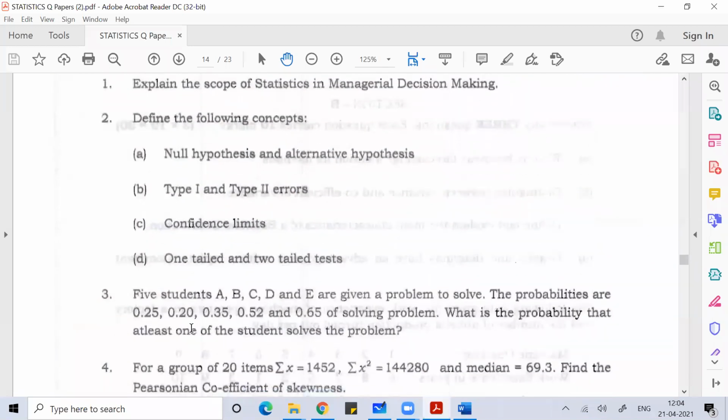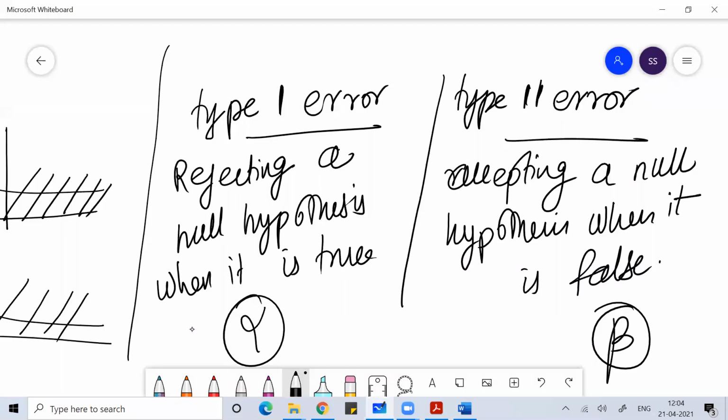So you can see this: null hypothesis, alternative hypothesis, type 1 error, type 2 error, confidence limit, one tail test, two tail test. All this I have explained to you. What is one tail test? What is two tail test? What is type 1 error? Type 2 error, confidence limit, null hypothesis, alternative hypothesis.